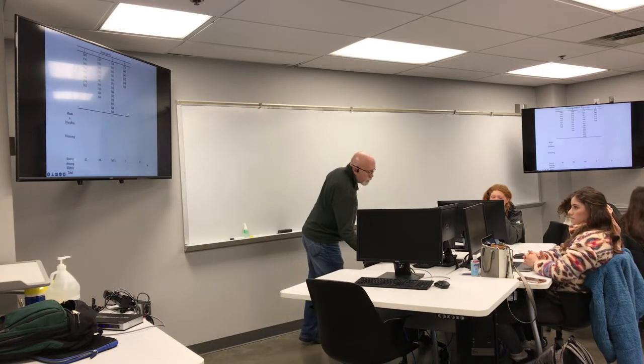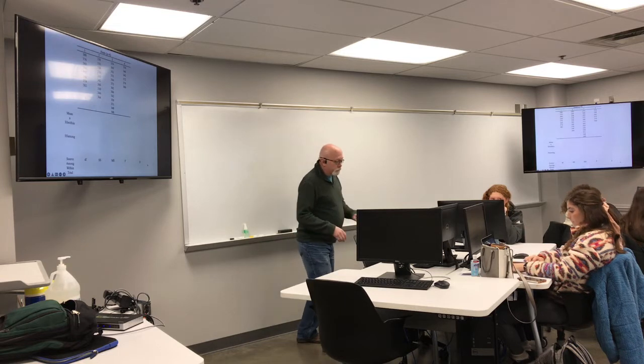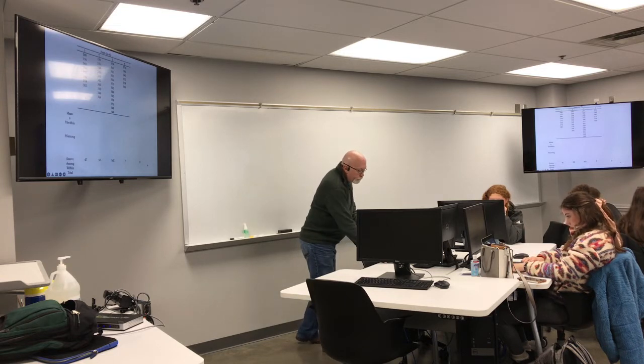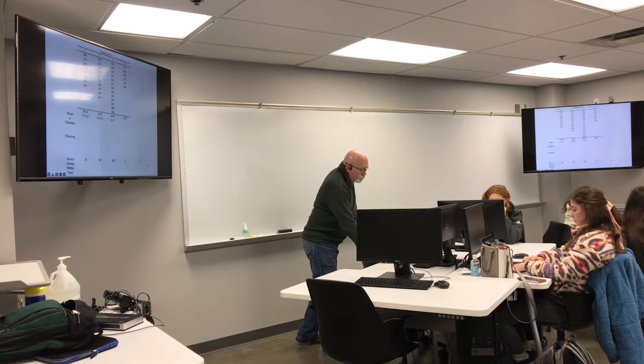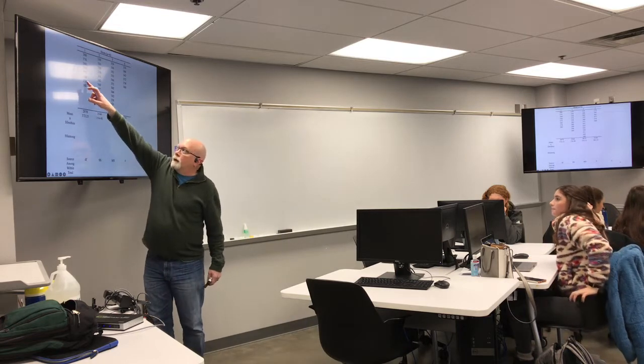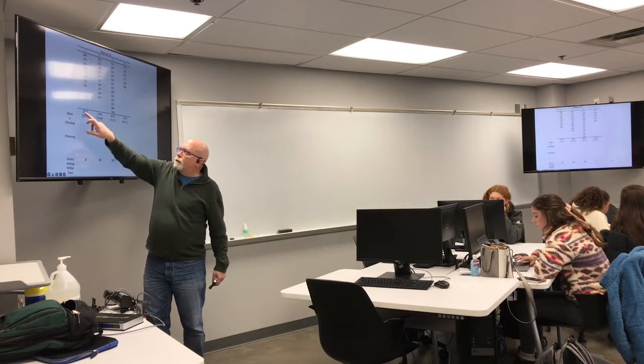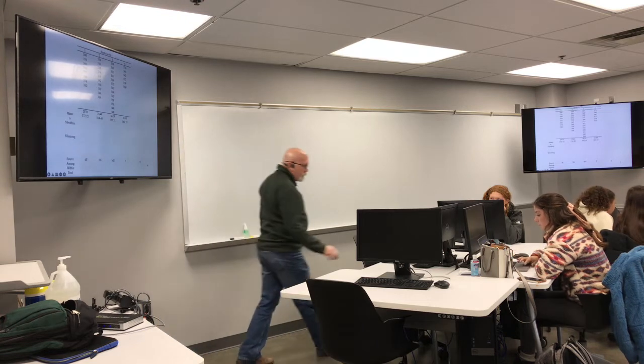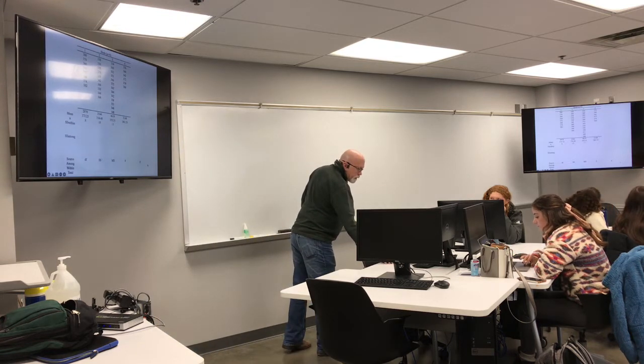Okay, so we calculated the individual means. So what did you get for each of these? Okay, so like always, you're going to calculate the sum of each of the values. You're going to divide by the sample size in each of these cases.